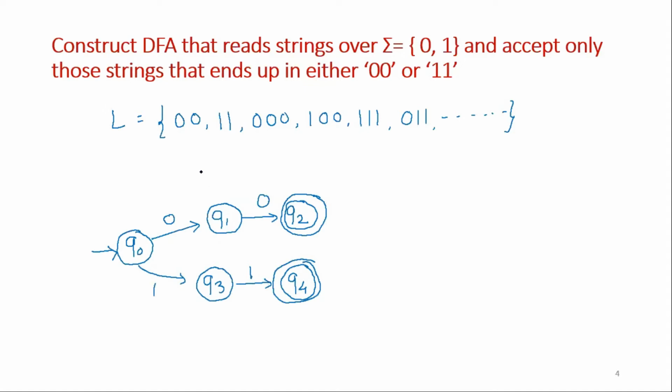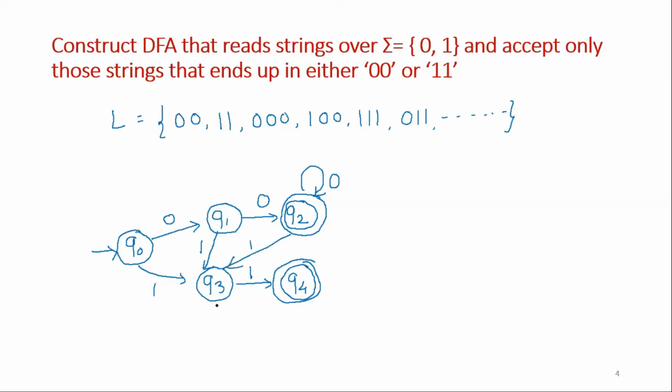Then in Q2, if I get 0, I will have a self loop. If I get 1, it will go to Q3.